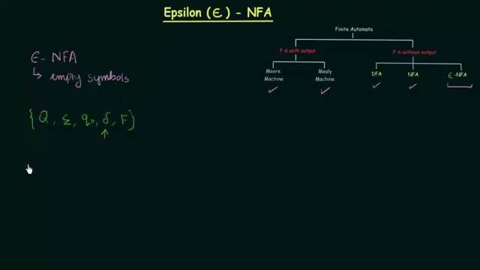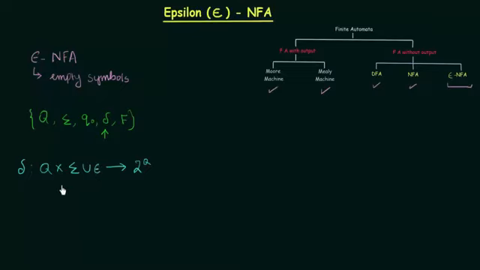In our regular NFA, del was defined like this: Q cross sigma to 2 power Q. This was the transition function del in the case of our regular NFA. That means any state on getting any input could go to any of the 2 power Q states in that NFA. But in the case of epsilon NFA, we have union epsilon over here.